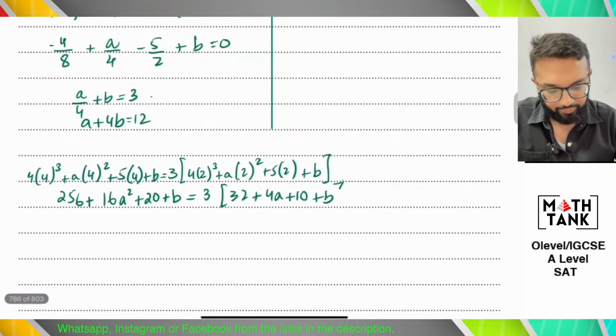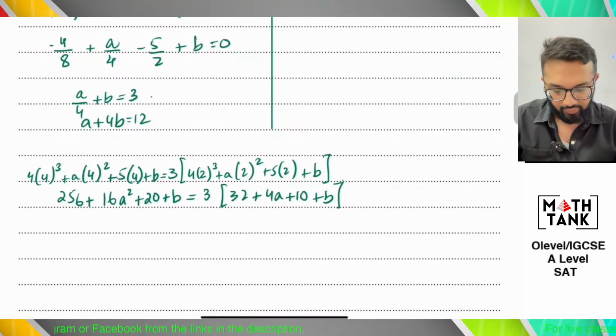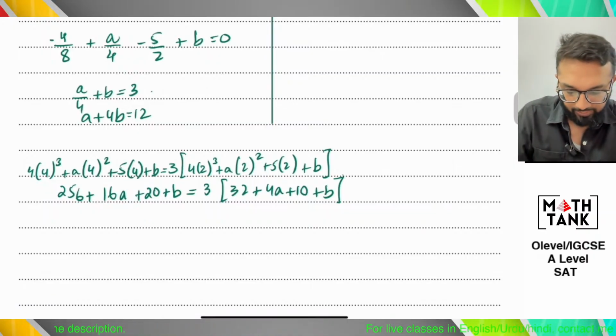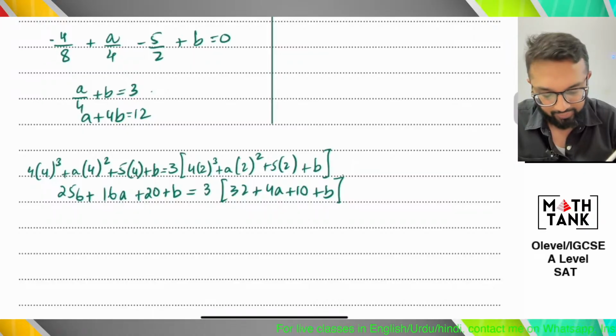Okay, so we have 16a plus 20 plus b equals 3 times this. So I start solving.